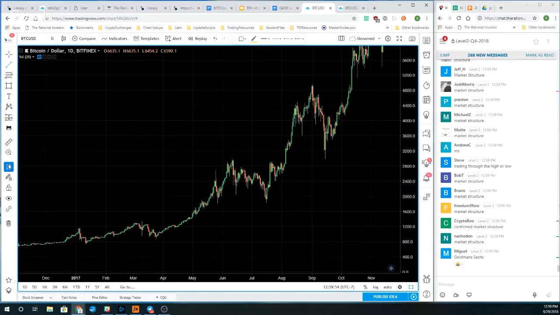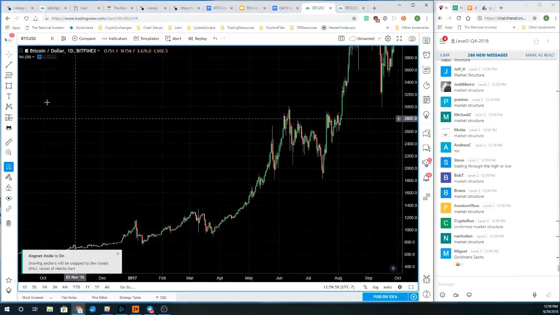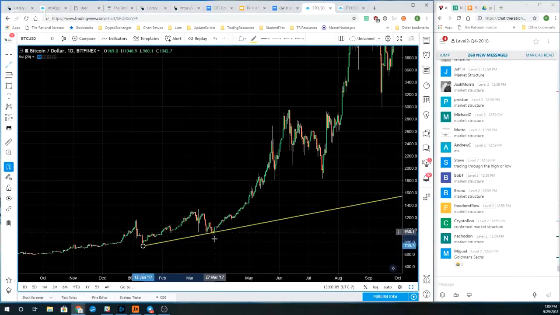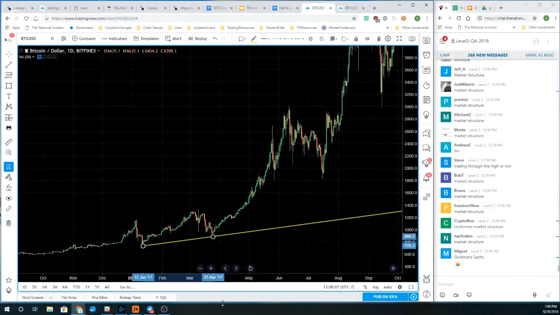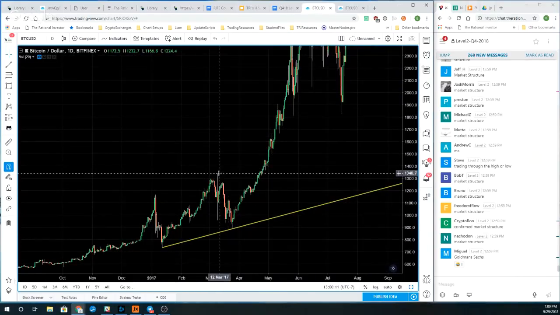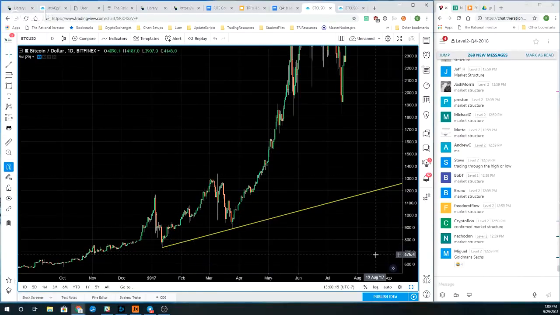I don't know whether this is the best asset to use because it just went nuts. But anyway, even here, this low to that low is a trend line. Yep, perfect. We've had it validated through here, so yes, it is a valid trend line.